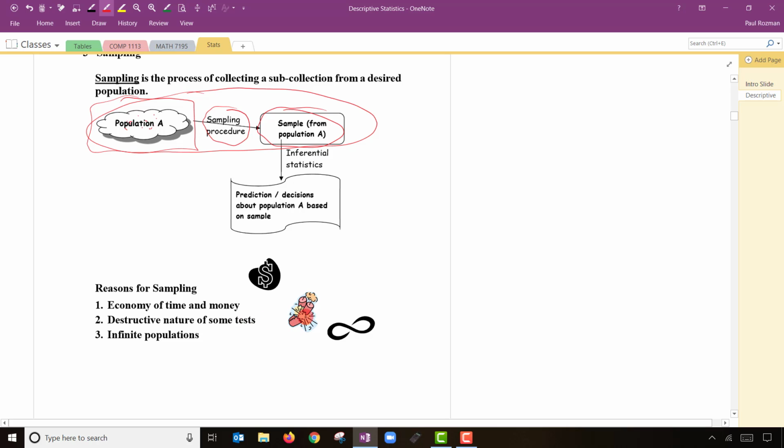And that, again, comes back to money. And then other times you have populations that are essentially infinite. Study the number of water molecules on Earth. If you're studying that population, obviously it's essentially infinite, practically infinite.